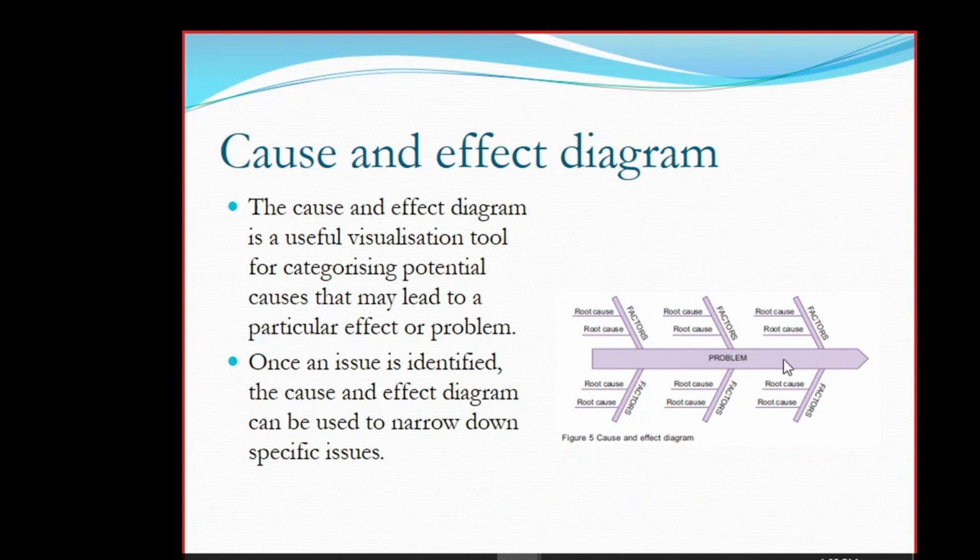Now, the same scratch could be because of different factors. It could be because of one factor, two factors, three, or even 10 factors. All right? So if you understand why this problem is happening, then you might be able to solve the problem. Okay? This is what the cause and effect diagram shows you.